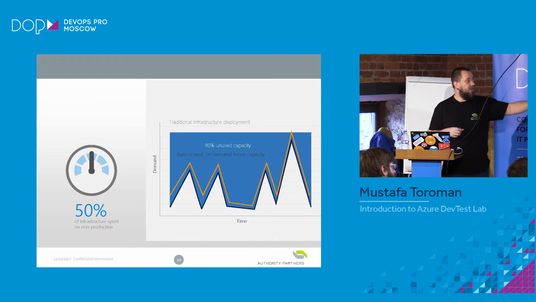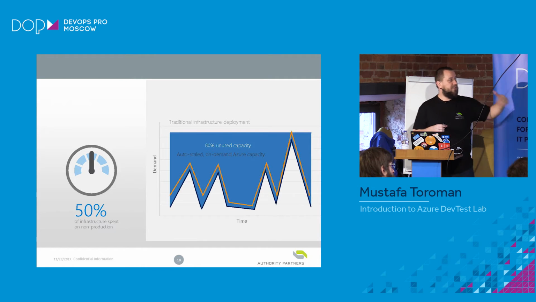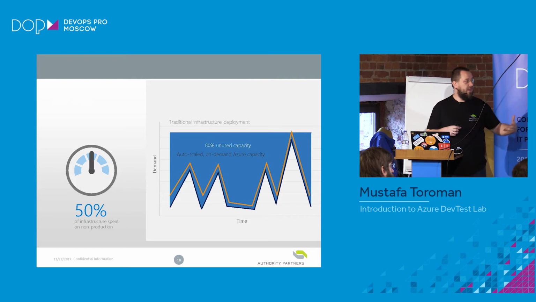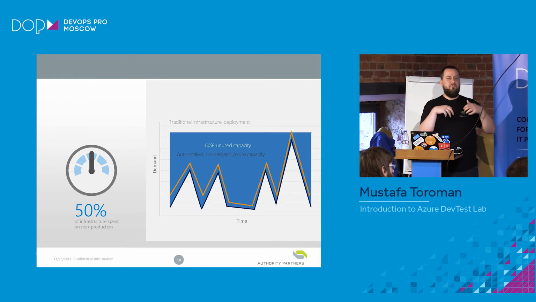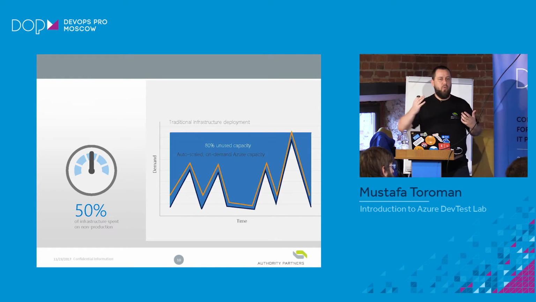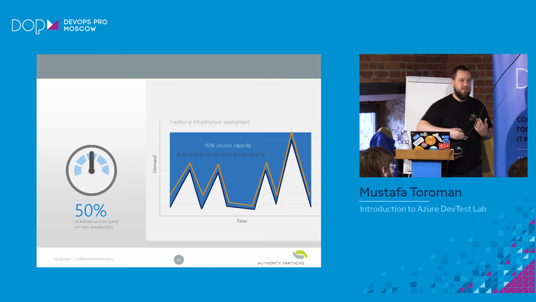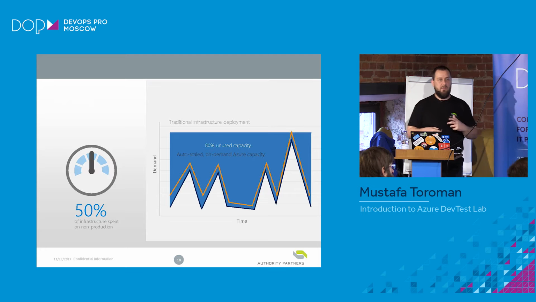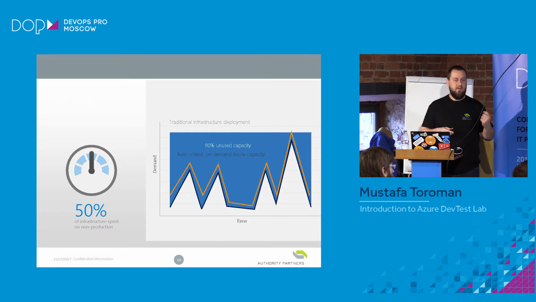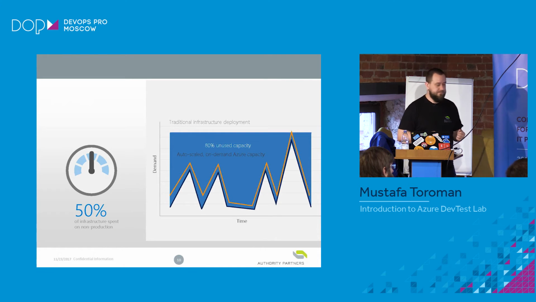On the other hand, Azure gives us option to auto-scale and create on demand. So we'll create our resources when we need them. If we need more, we can scale them up. Once we are done with it, we can scale it down, or we can stop it altogether. So it can give quite cost savings.